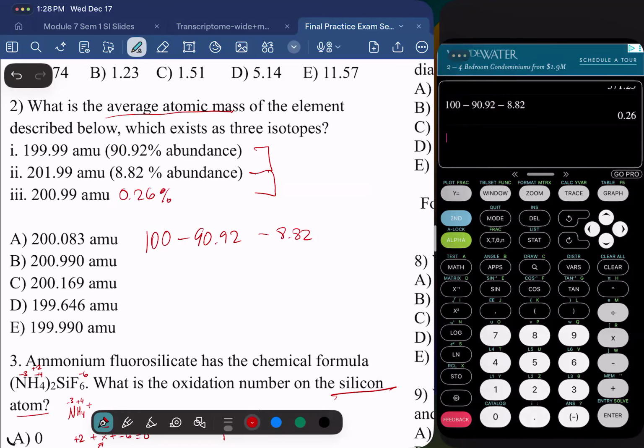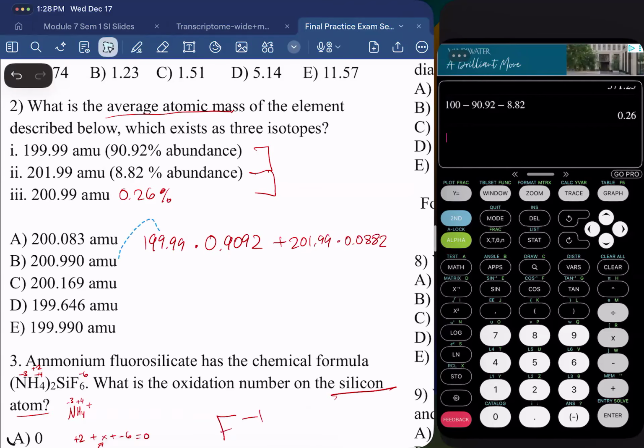Now what we can do is take all of these and simply add everything up by multiplying accordingly. So 199.99 times, instead of the percentage, you use the decimal version of that percentage. So it'd be 0.9092 plus 201.99 times 0.0882.